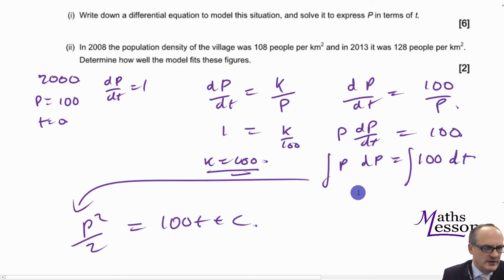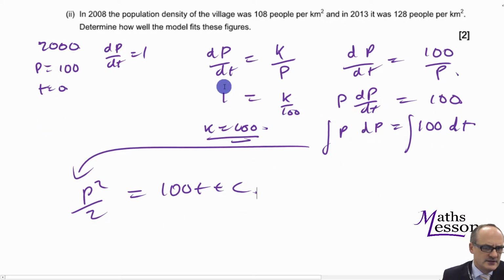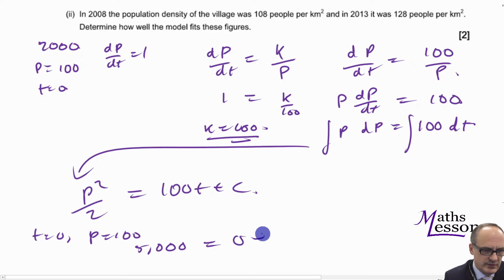What else do we know now? We know t equals 0, P equals 100. Writing that in, 100 squared is 10,000, divided by 2 is 5,000, which equals 0 plus c. So c equals 5,000.